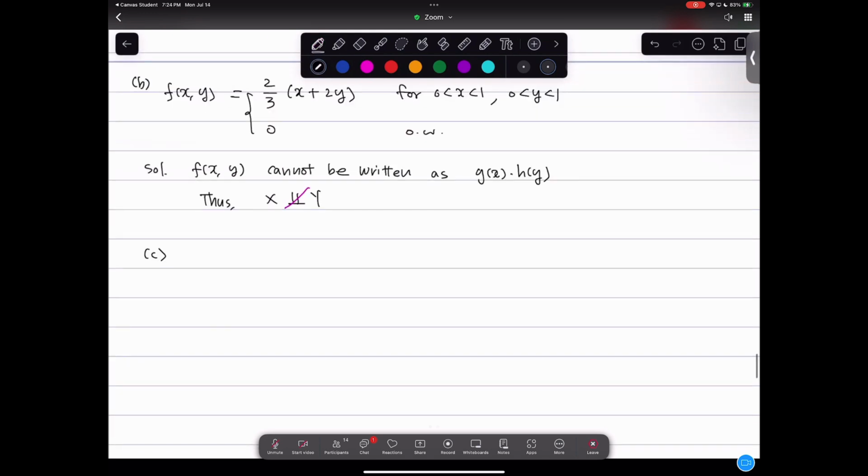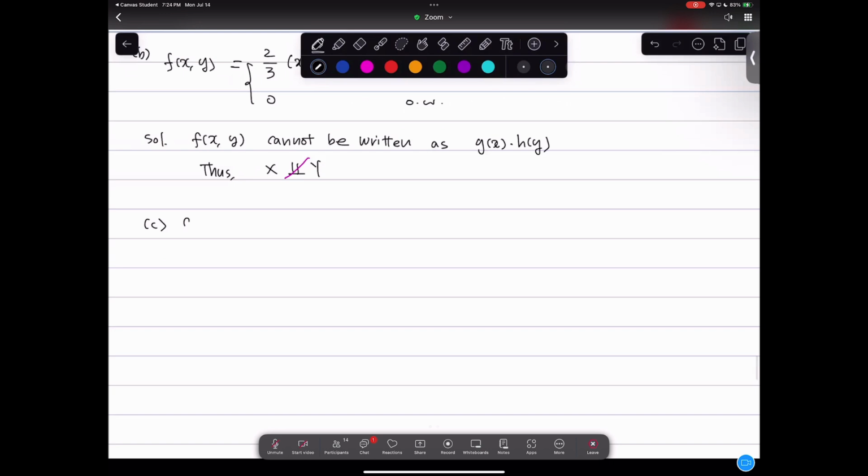So here's my f of x,y, and it is 2 times e to the power of negative x and e to the power of negative y, for x greater than 0 but less than or equal to y, and 0 otherwise.